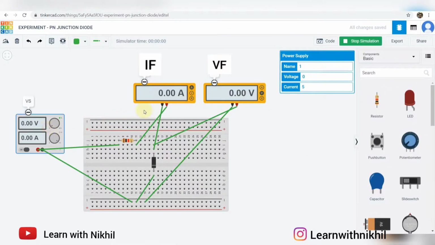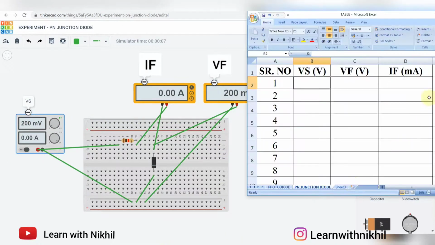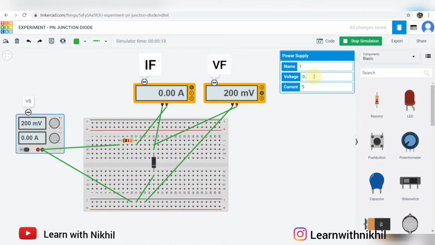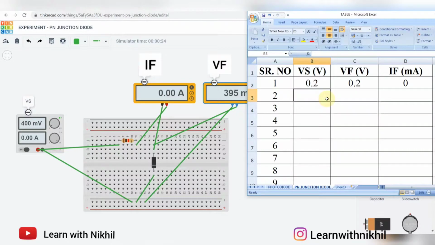We'll start the simulation. Now the voltage is 0. First voltage is 0.2. So here voltage is 0.2, supply voltage. So I'll write 0.2. Here VF is also 0.2 and IF is 0. Next I'll change it to 0.4 volts. So here it is 0.395. So VF is 0.395 and IF is 0.